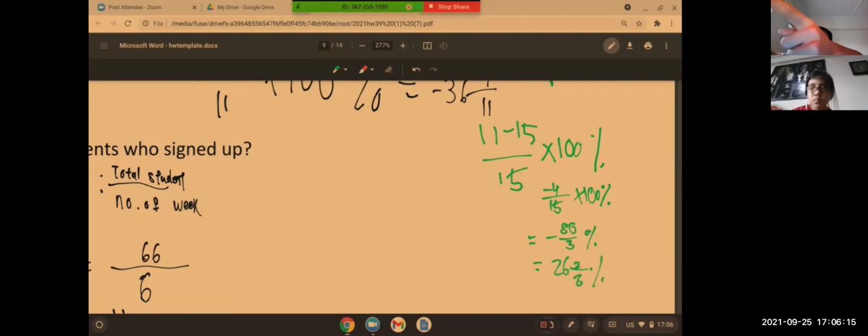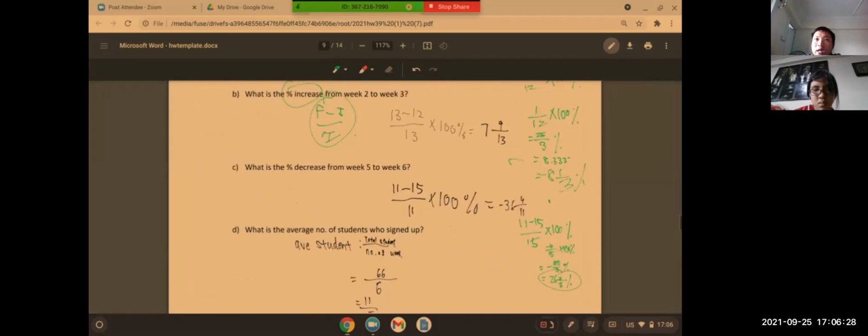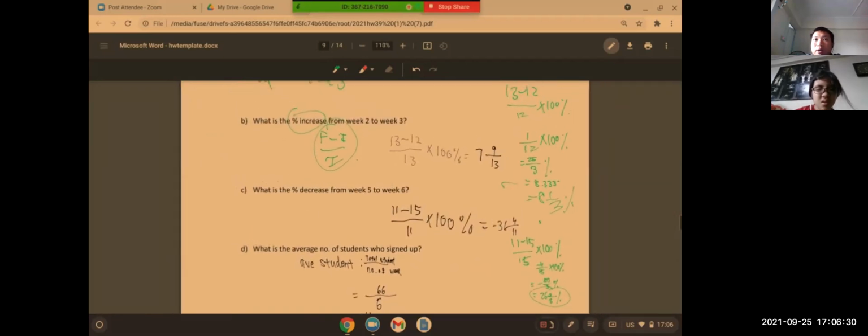Okay, can you circle this answer and circle the minus 36 4/11 above, the black color one?